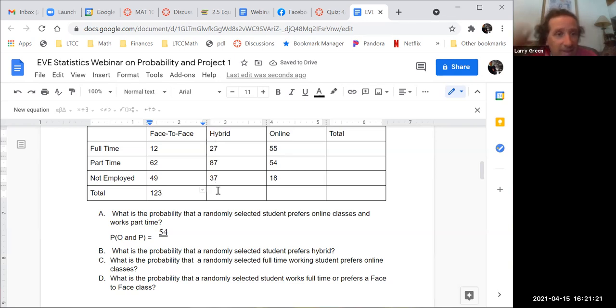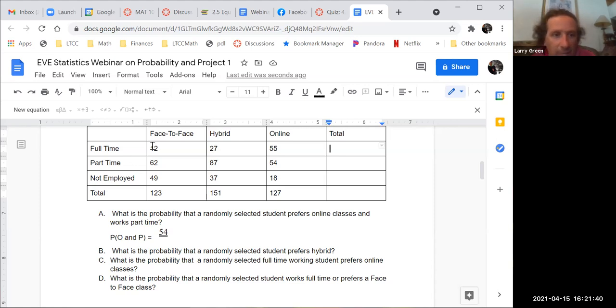Okay, and let's add these three up. 7 plus 7 plus 7 is 21. 1, carry the 2. 10, 12, 15. So that's 151. And let's add these guys up. We get 109, and then 18 is 127. You're welcome to use a calculator, by the way.